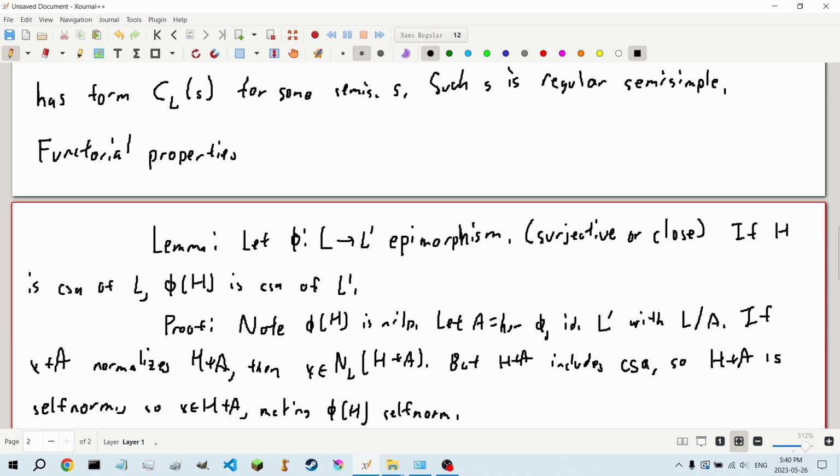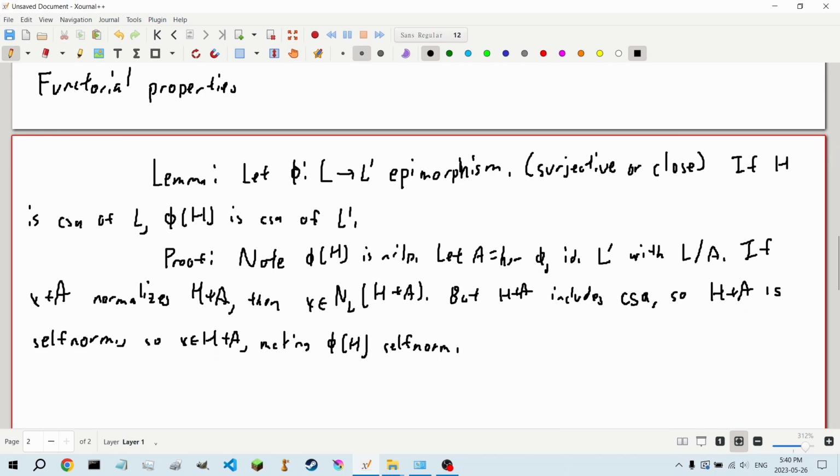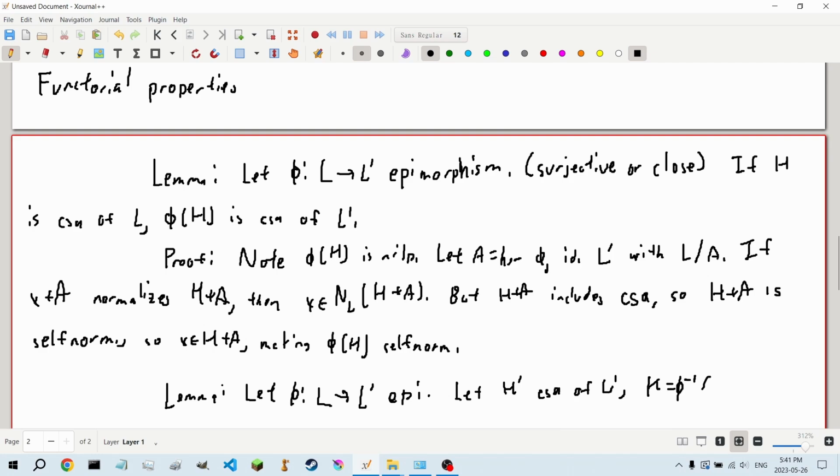And there's a second lemma. We have phi be an epimorphism of the algebras. Let H prime be a Cartan subalgebra of L prime, and we're going to let K be the pre-image under phi of H prime.